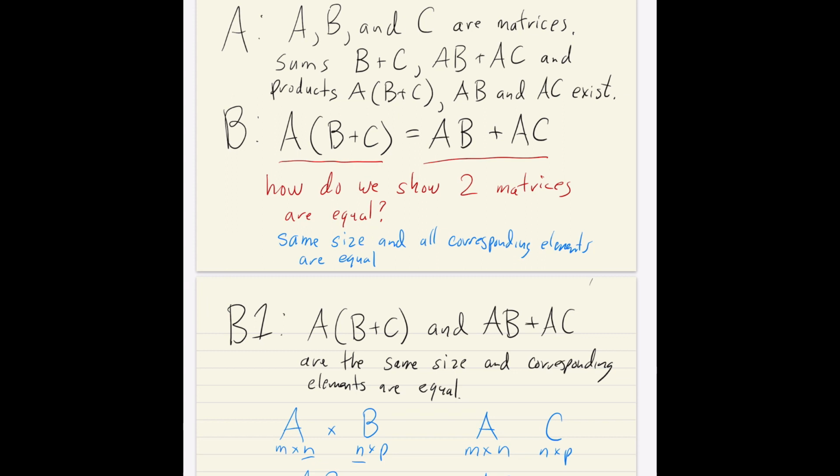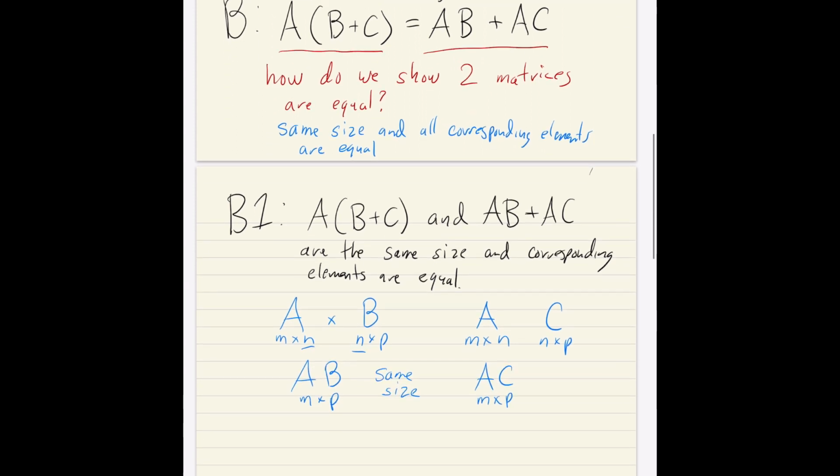And then the product A times B plus C: if we add two matrices that are the same size, the resulting matrix is also the same size. It's n by p, and then A is m by n. So the product A times B plus C must also be m by p.